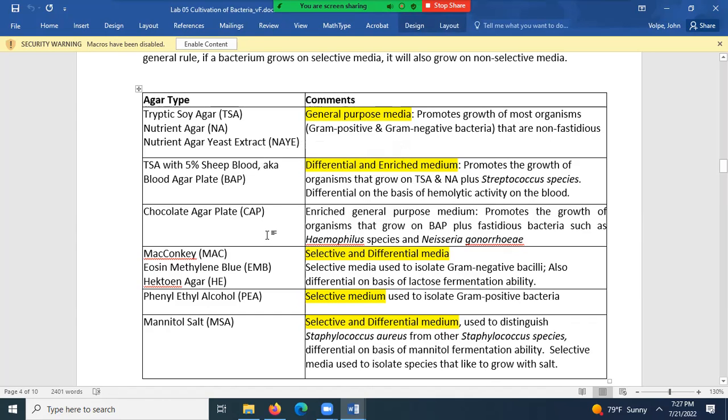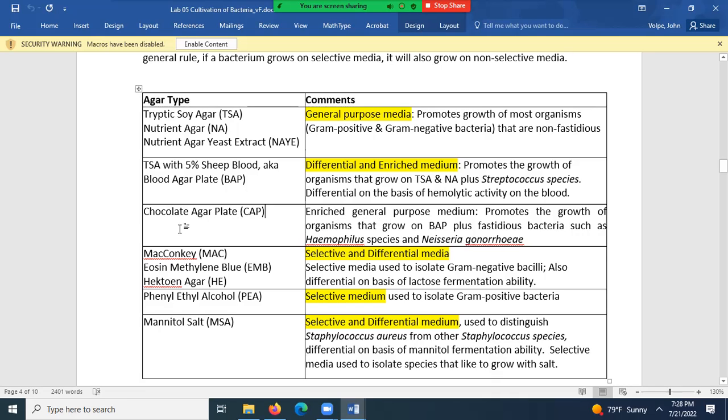CAP is an enriched general purpose media. It is not differential, so it's only enriched. CAP, chocolate agar plate, differs from BAP, blood agar plate, only in the temperature that the agar is when you add the blood.